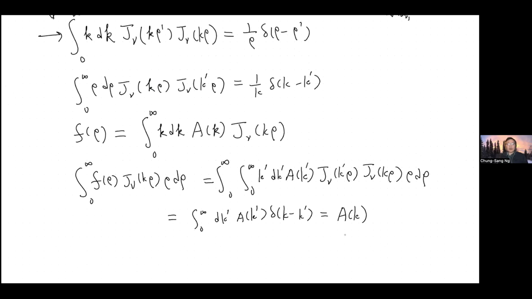So this is the expansion of f into Bessel functions, and the Hankel transform a is given by the same form. Basically, we write it here: a k is equal to pretty much exactly the same form, but integrating rho d rho, and then f rho multiplied by the same Bessel function j sub nu k rho, and then you can see that this is the transform, and this you can say is the inverse Hankel transform.